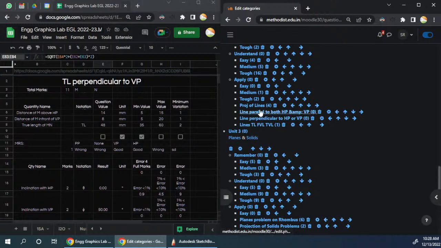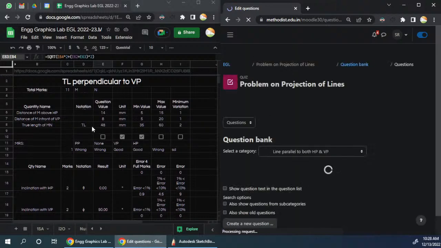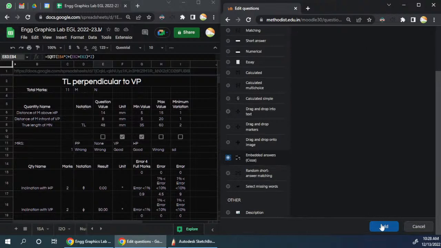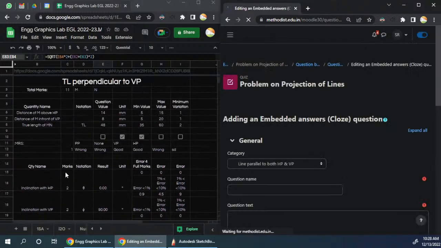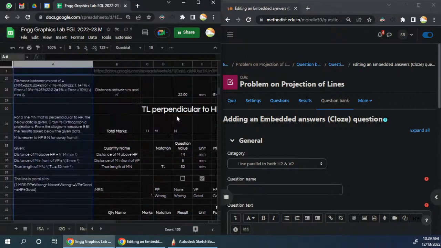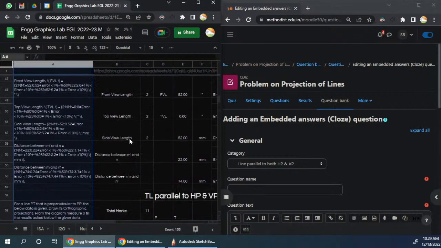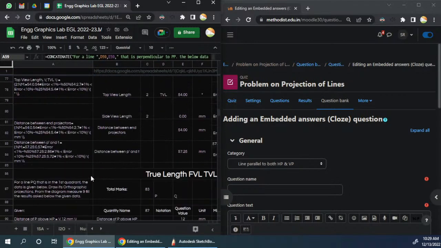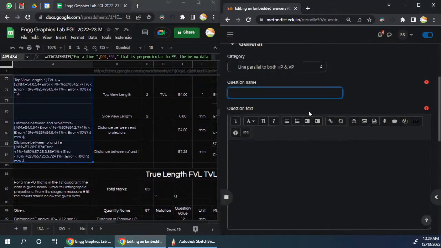Okay, the categories have been created. We already added the questions there. Parallel to both HP and VP, we don't add any question of close type. So this video is the code for that particular thing. Let's go with 1.